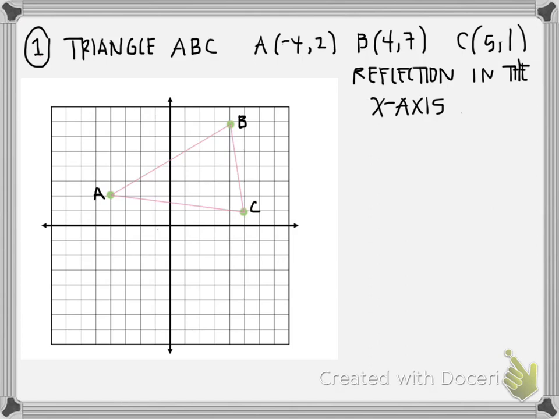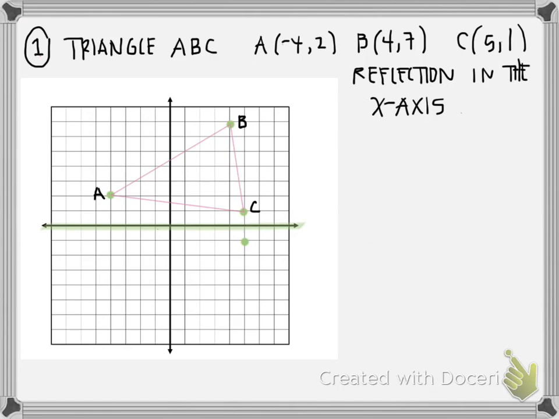It wants a reflection about the x-axis. So I'm going to take my x-axis and highlight it a little bit because I want to have a reflection there. My distance for each of these ordered pairs is going to have to be the same from that axis. So my C prime would be right there.